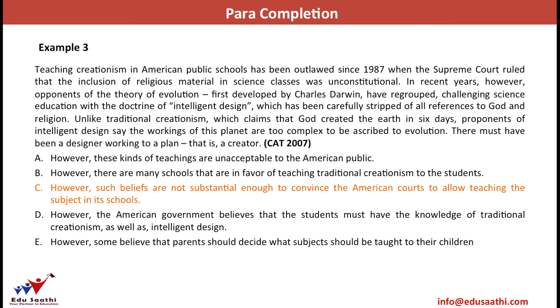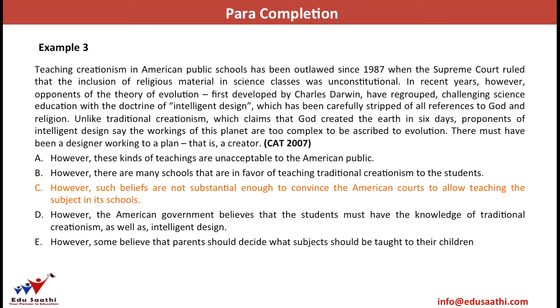As I said, we'll remove alternatives A, E and D. Why? Because they are going beyond the scale. We are not discussing the American public, we are not discussing parents, we are not discussing the American government, we are just discussing the schools. And alternative B is rejected because it violates the tone of the passage, wherein we are being speculative in the entire passage.